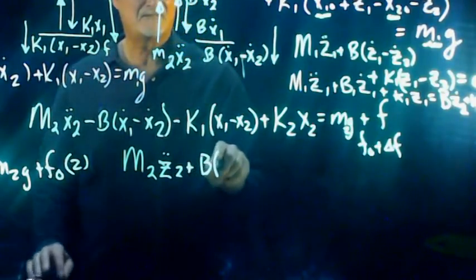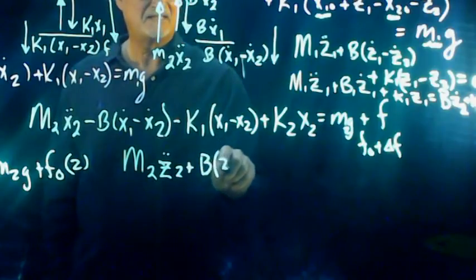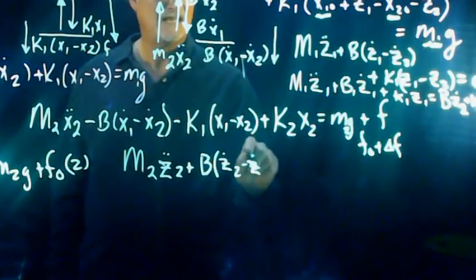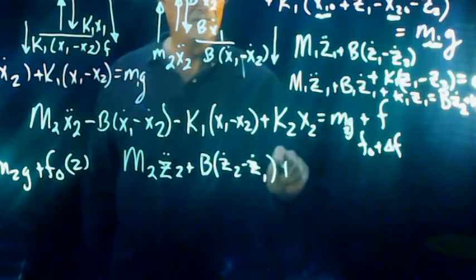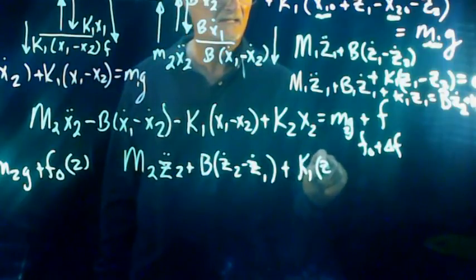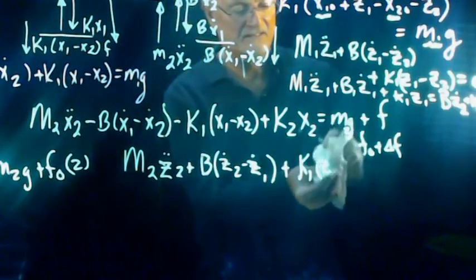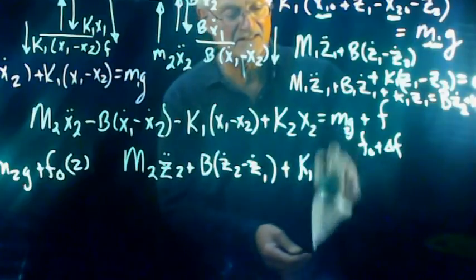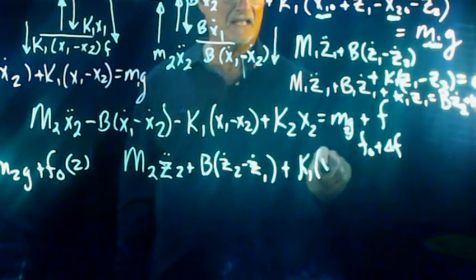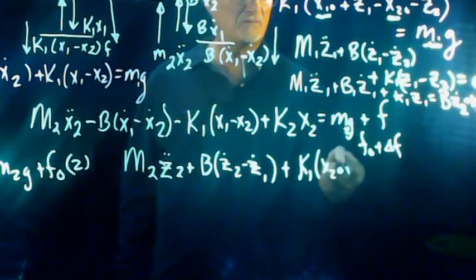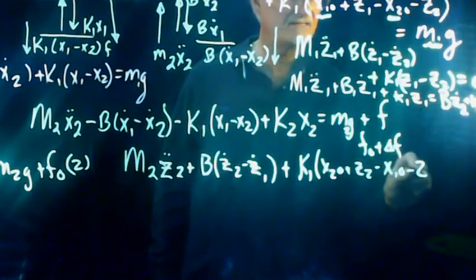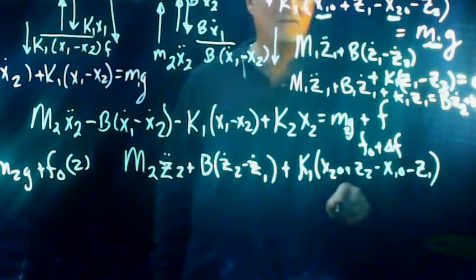Okay, b times z dot 2 minus z dot 1 plus k1 times, let me just get this right, sorry, this is going to be x20 plus z2 minus x10 minus z1, end parentheses.